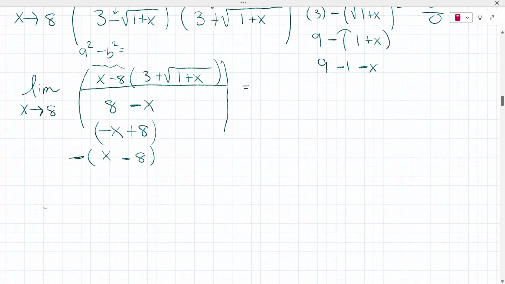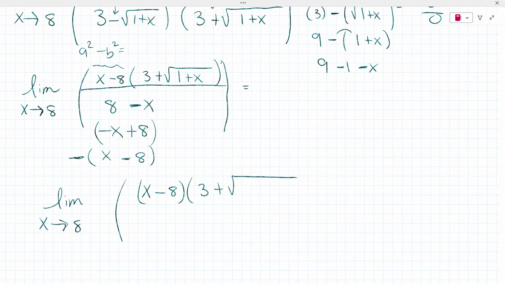So it's going to be the limit as x approaches 8. And then on the bottom, it's going to be minus x minus 8. And then what do you see that cancels? The x minus 8 cancels because now they're the same.